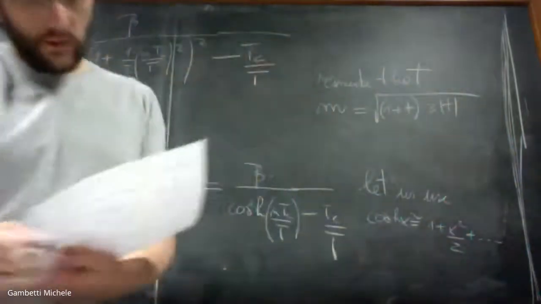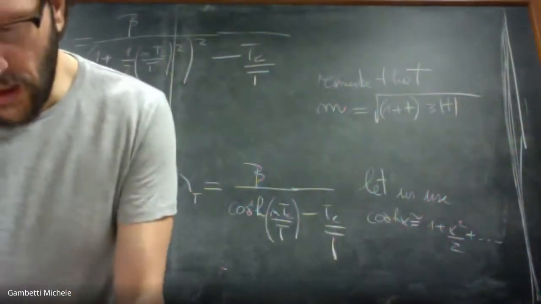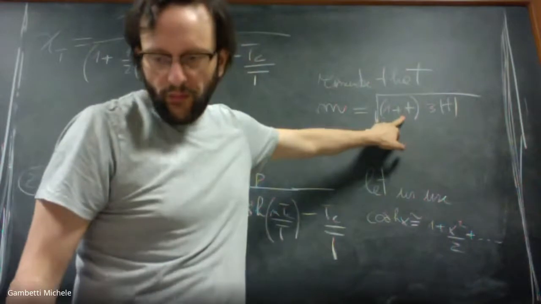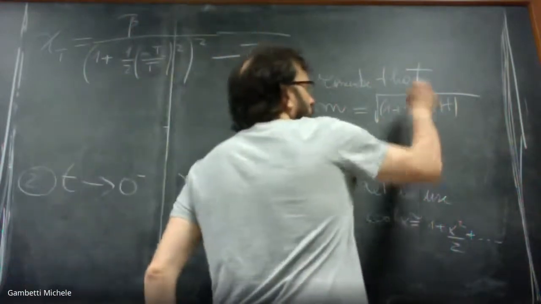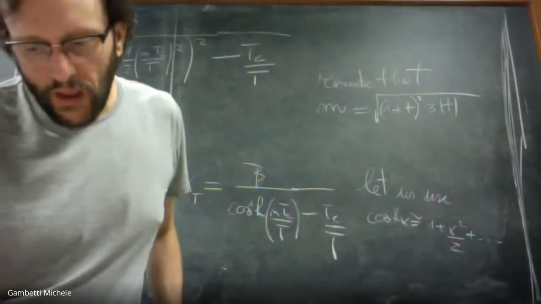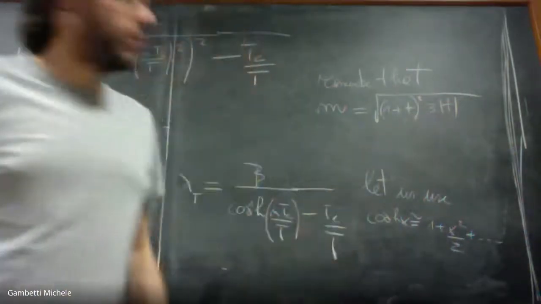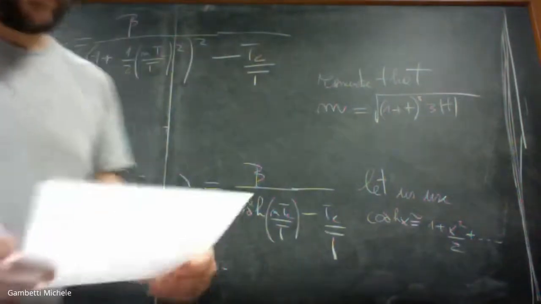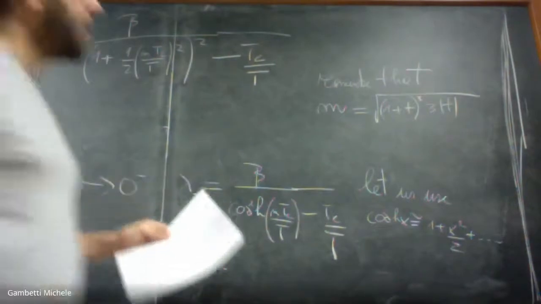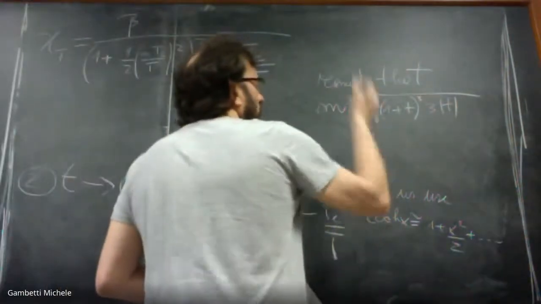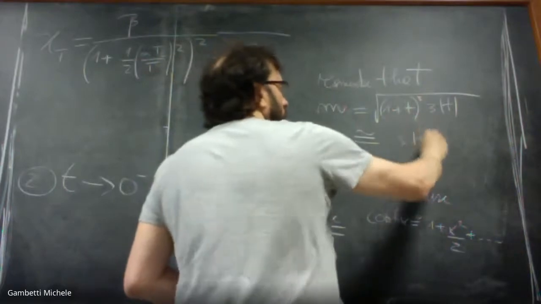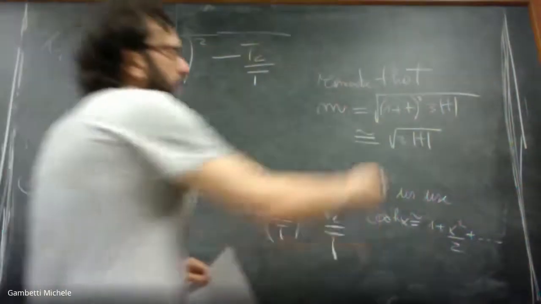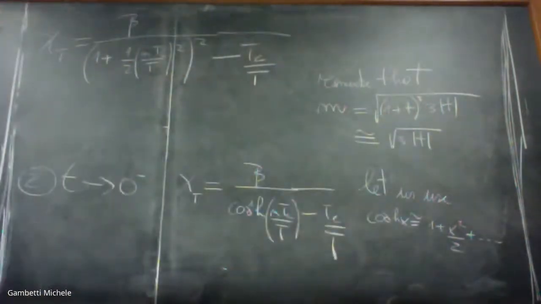Just to be more precise, this was 1 plus t to the power of 3, and then we have 3, and then the modulus of t. This was the behavior of the magnetization below Tc. Now, of course, this is almost equal to the square root of 3 times t, because we are close to t equals 0, so I can neglect this term, just a correction.